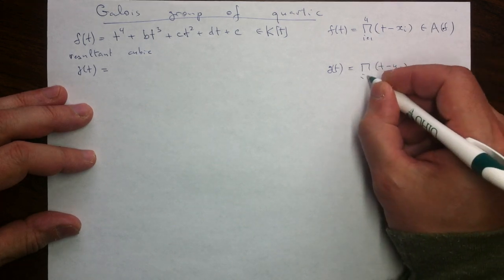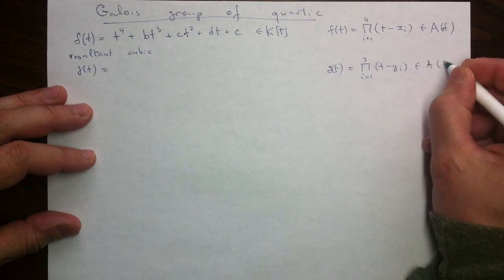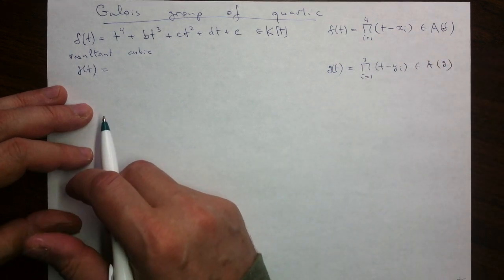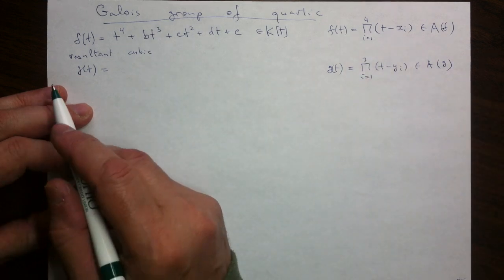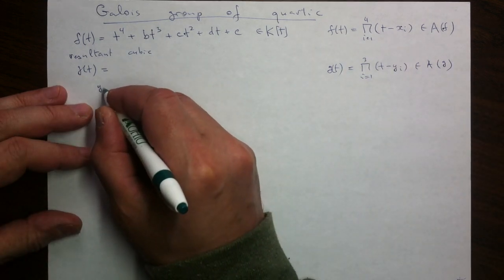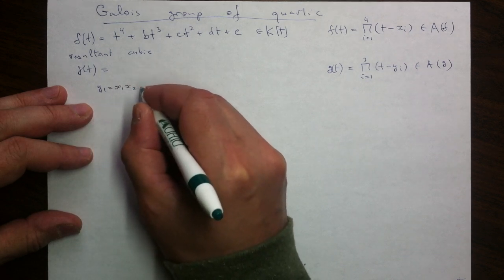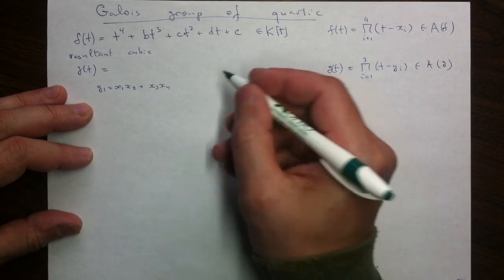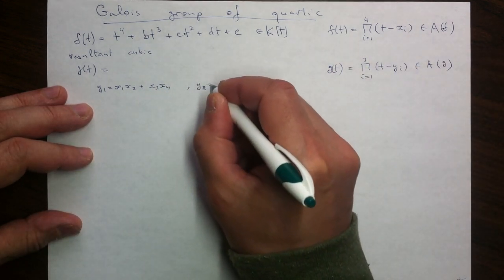So it will have 3 roots in the splitting algebra, and the roots are related to the original roots of f via these procedures. Take a pair of roots, take another pair of roots, take the sum. And you could do it in 3 ways, hence the 3 roots.